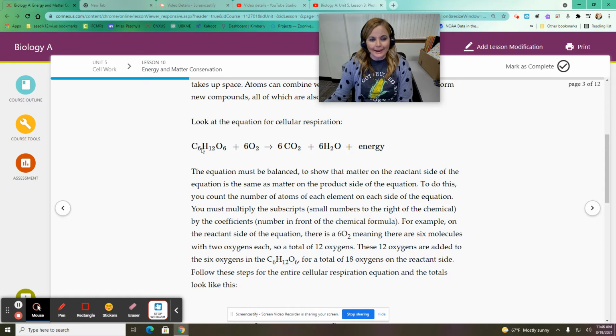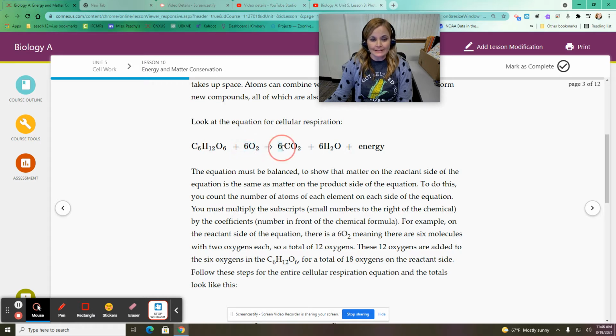So when we look at them, we have to compare all the different things that we have. So we start off with 6 carbons in our 6-carbon sugar glucose. That means we have to end up with 6 carbons. So we end up with 6 of these carbon dioxide molecules because there are 6 total carbons here. We start off with these 6 oxygens plus these 12 here. So we need 12 oxygens to end up with.